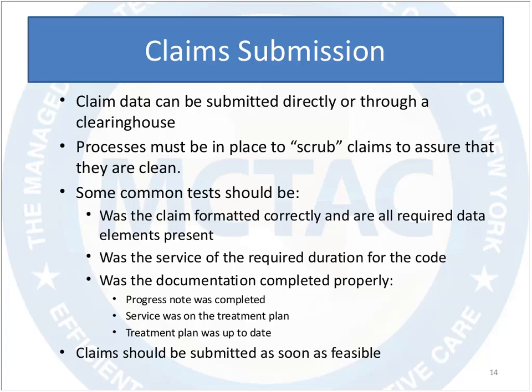It's not as easily accomplished in the New York City region, so many people will submit their claims to a clearinghouse as part of their billing process. The clearinghouse will then scrub those claims, format them correctly, and send them to the individual insurance companies as required.